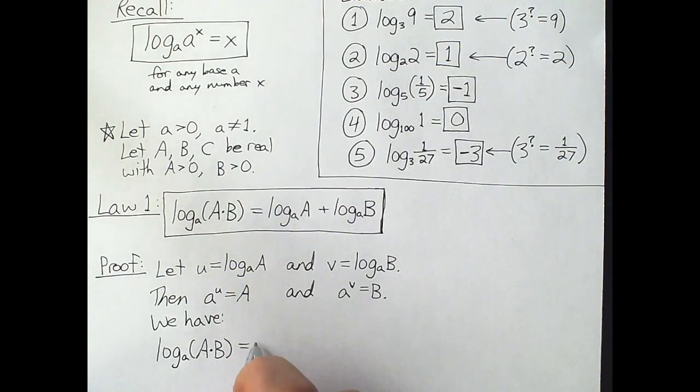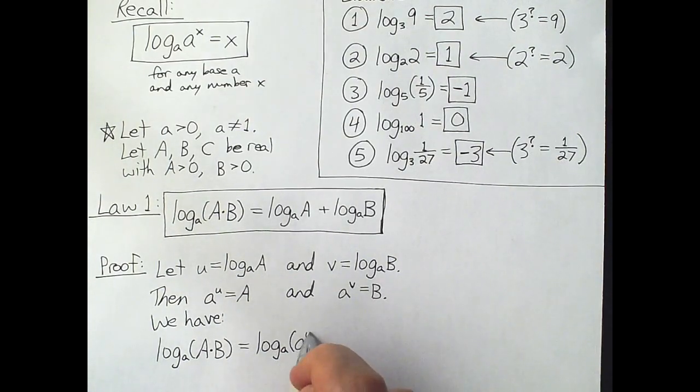One thing I could do is rewrite it in terms of u and v. So I'm going to write a to the u times a to the v.